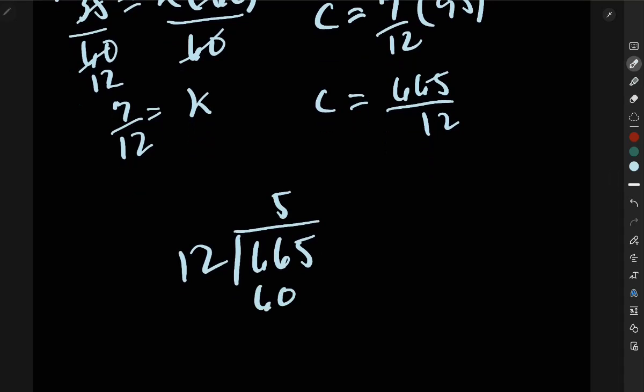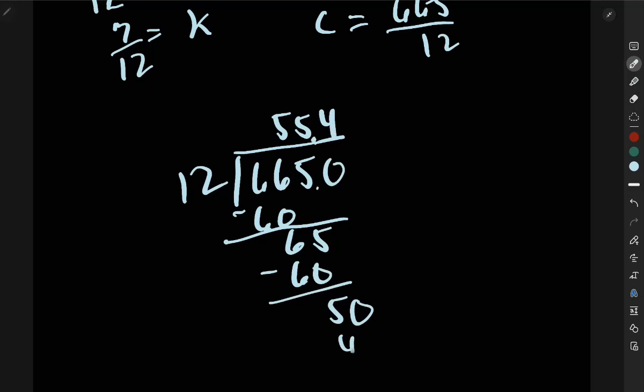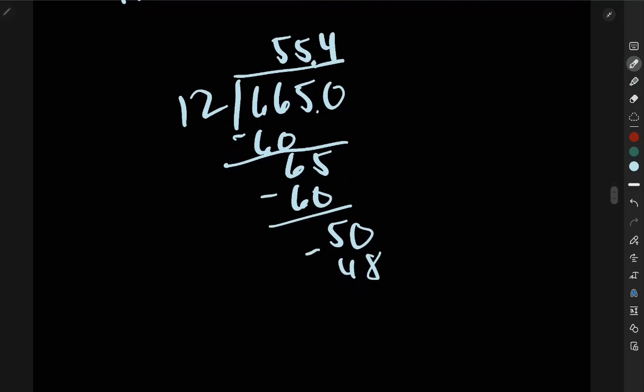So that's 5 times 12, 60. Then 65. Then 5 again. 5 times 12 is 60. Let's add one more 0. So 50 divided by 12. That will be 4 because 4 times 12 is 48. So this is 2. And then we're going to add another 0. So 12. We're going to put 1 because that's the closest. It's 12.